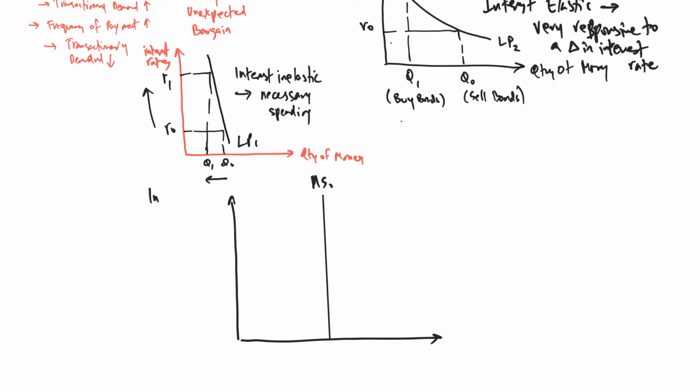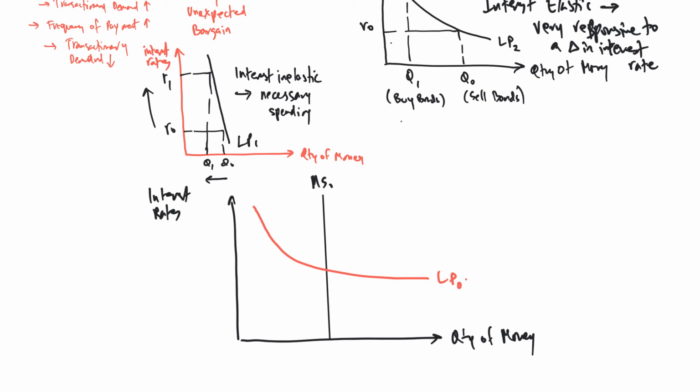So I have interest rates here, and I have your quantity of money here. But money supply versus money demand is your liquidity preference.